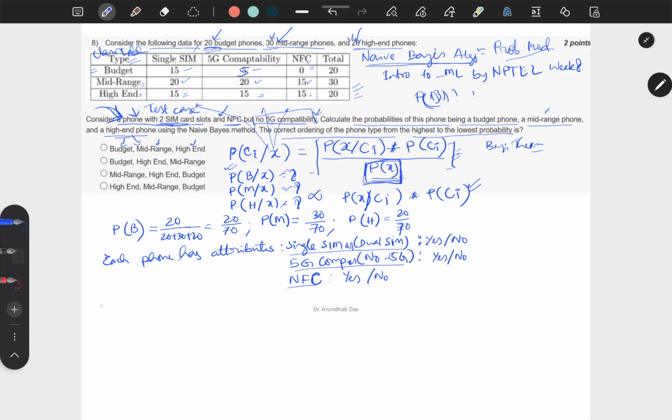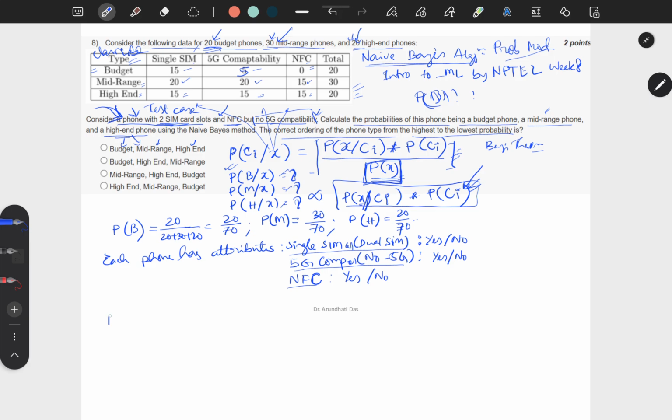Now, here we will calculate what? To find out all this, I need to find out whatever is there on the right hand side. So, on the right hand side, the probability of the class level we have just found out. Now given the class level, I need to find out the probability of each and every feature that is given.